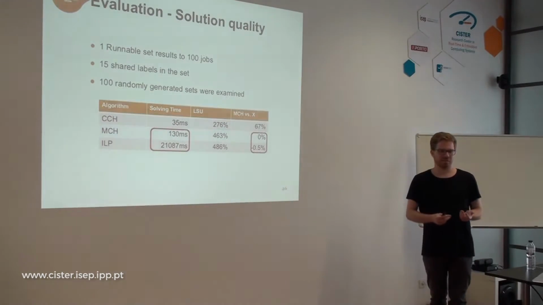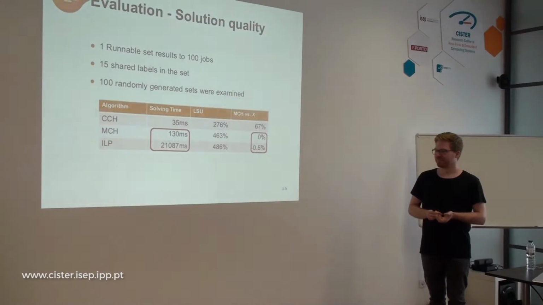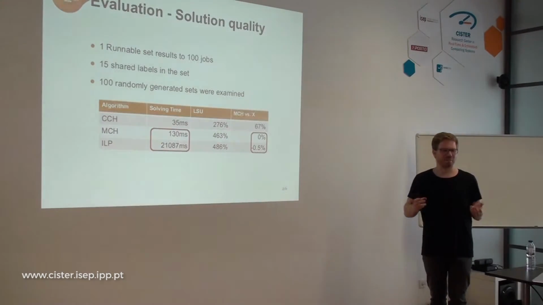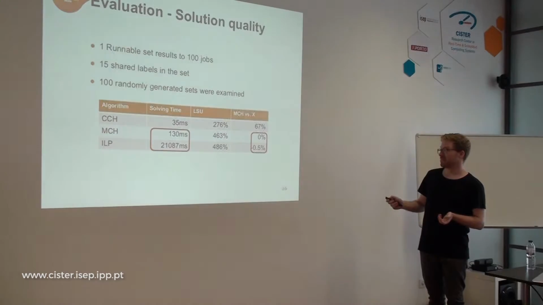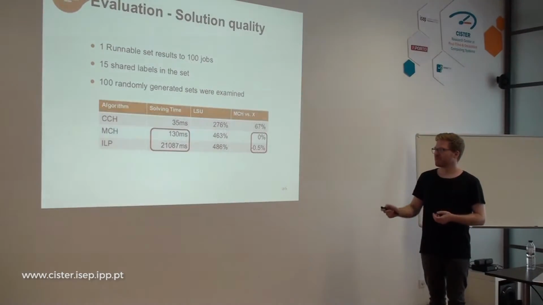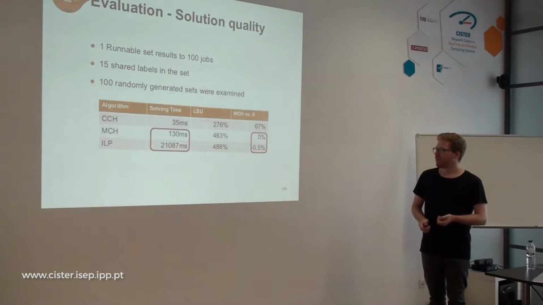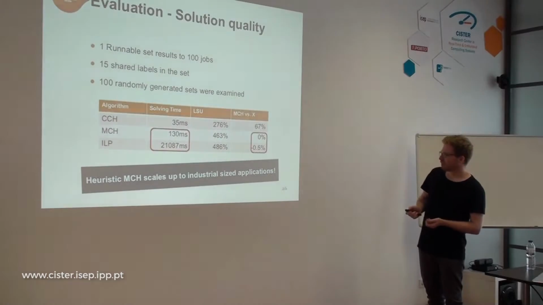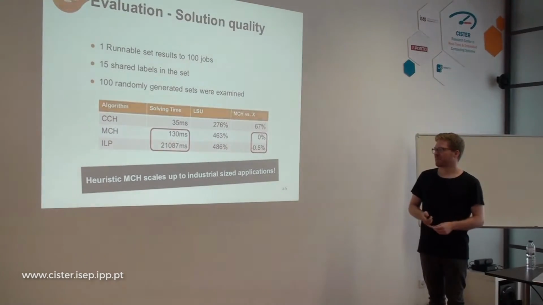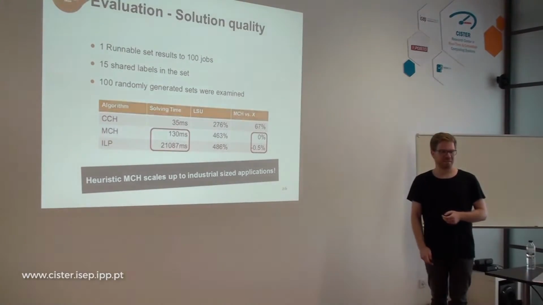So taking this to industrial applications, we might be able to deal with this worse performance because we gain a lot in computation time. And that's basically the hope, that the memory-centric heuristic scales up to industrial-sized applications.